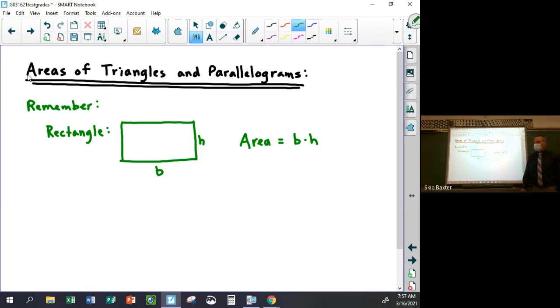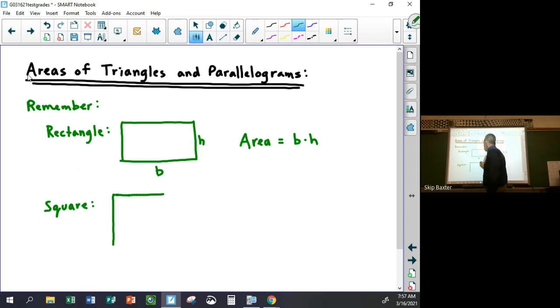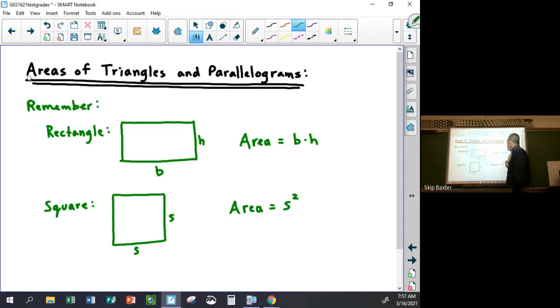Should definitely be familiar to you. And a special case of this is if you have a square. A square is just a rectangle in which all the sides are the same length. Then the area equals s squared, the length of the side squared. Okay? So those are things you should definitely remember from a long time ago.